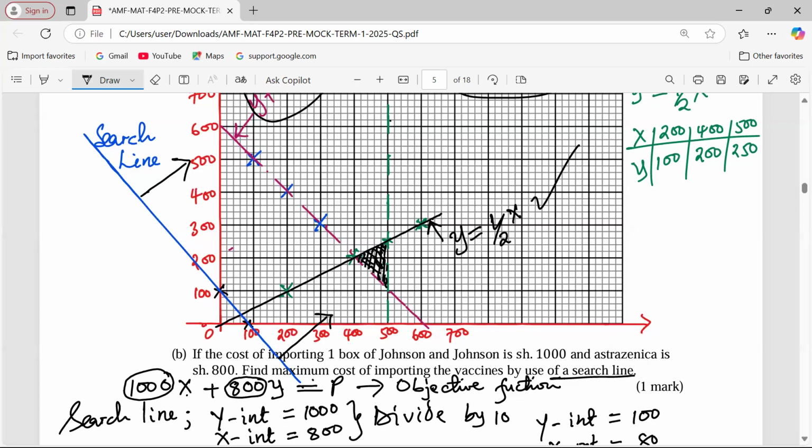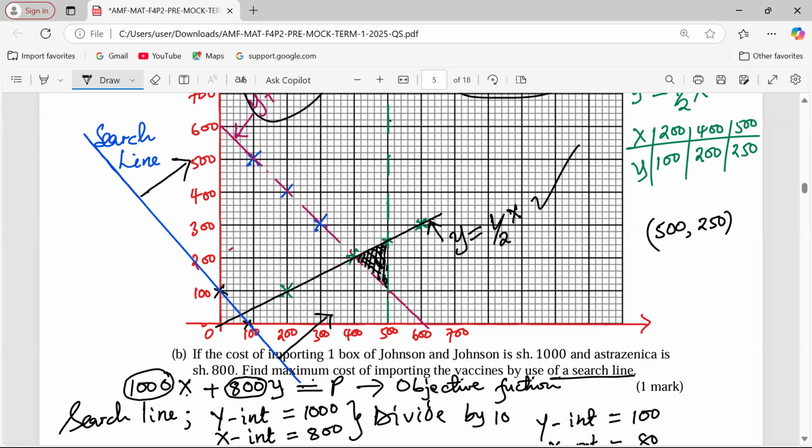Therefore, when you look at the very last, we will be talking about coordinate 500 and 250 according to the region that we have there. But now that one will not be acceptable.